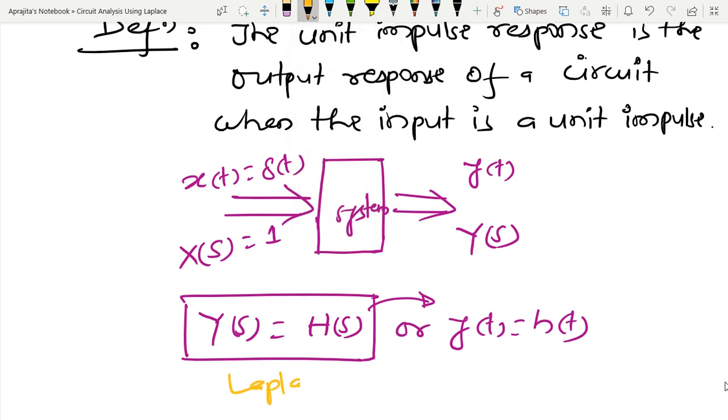If I convert this again into time domain, so basically this is first in the Laplace domain or S domain, and after taking the inverse Laplace, I am able to get the time domain.